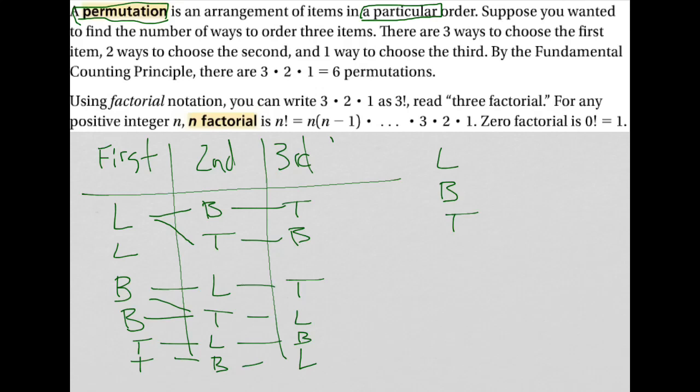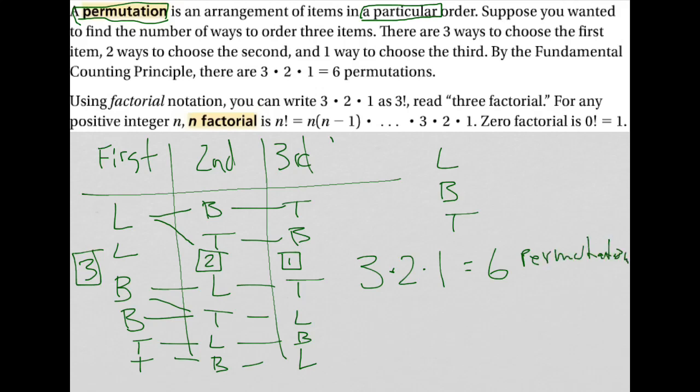We're going to end up with a total of 6 possible combinations here. Or 3 options for the first case, 2 options for the second case, since we're down 1 person, since they've already gotten first place, and then only 1 option for the last case. So we get 3 times 2 times 1, a total of 6 possible orderings, or 6 possible permutations.